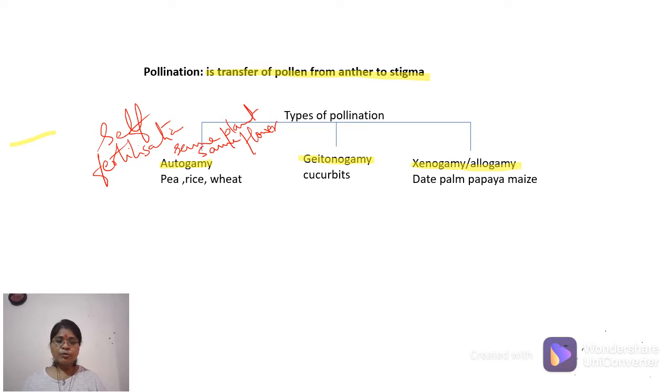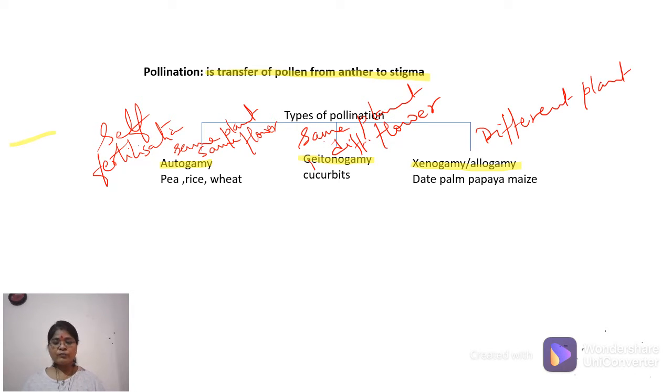In geitonogamy, what is happening? It's the same plant, but a different flower on that same plant. And in xenogamy, it is different plants, totally different plants, so different flowers will be there.